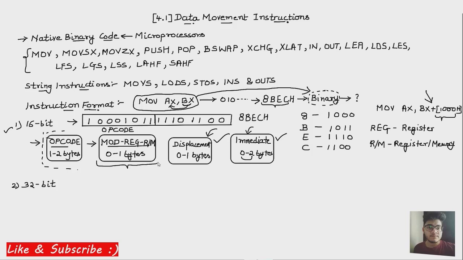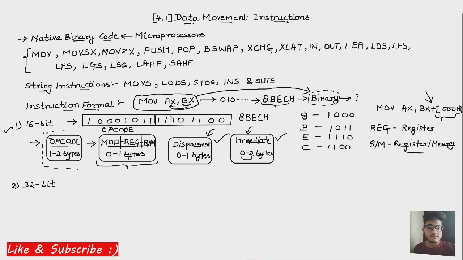which is mod register slash memory, right? Now these 8 bits are divided into 3 sections. One is mod, second is register, and the third one is register slash memory, right?